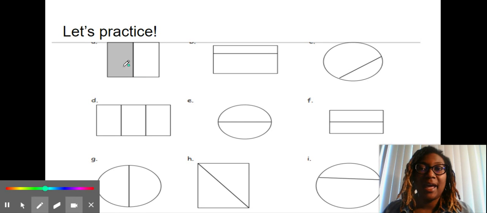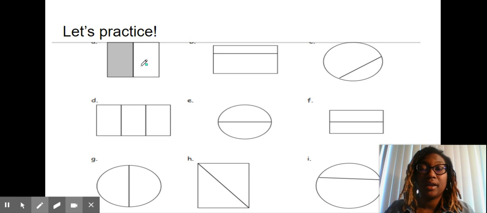So I'm looking at A, and I see that there are 2 pieces, so it is split in half with 2 equal shares. And one is shaded in for us, but it's not required, but it kind of went ahead and did that. I'm looking at B. Again, not 2 equal shares, right? This is not split in half. Same for C, not 2 equal shares, not split in half.